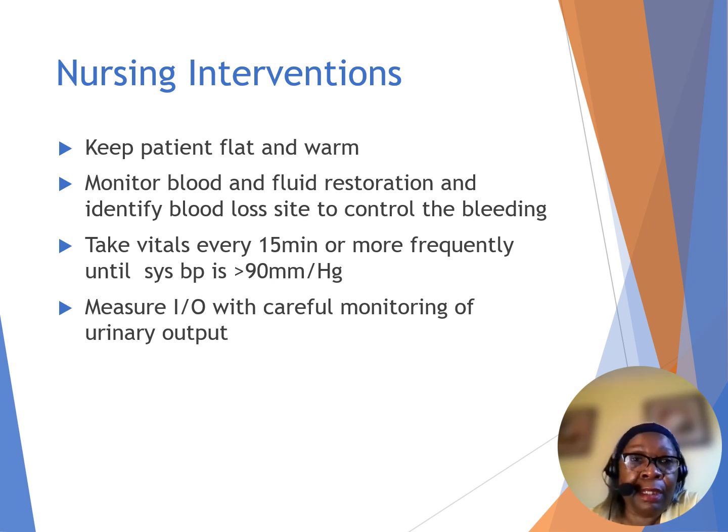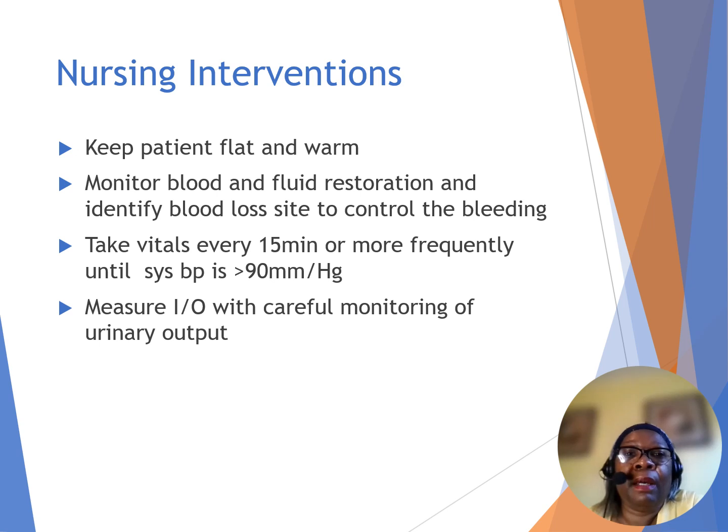But as that blood loss increases, remember we said cool, clammy skin? As the blood loss increases to more than 100 mLs, the blood pressure will start dropping. So monitoring the blood pressure and other vital signs is crucial because we want to keep the systolic BP greater than 90 millimeters of mercury.